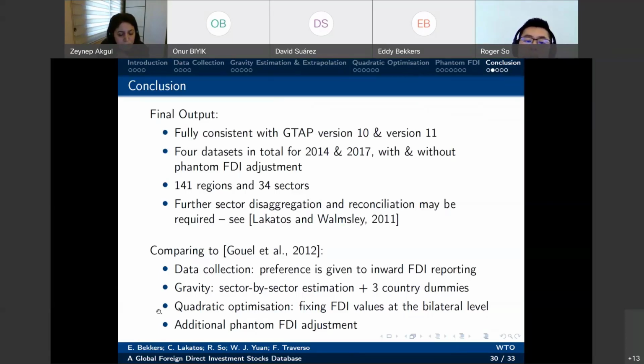During the quadratic optimization, we have some pre-optimization constraints, which fix the FDI values at the bilateral level. And finally, we impose this experimental step, which is the phantom FDI adjustments. But we also give the option for any interested modelers to use the data set without the phantom FDI adjustment if they're not confident of the methodology.